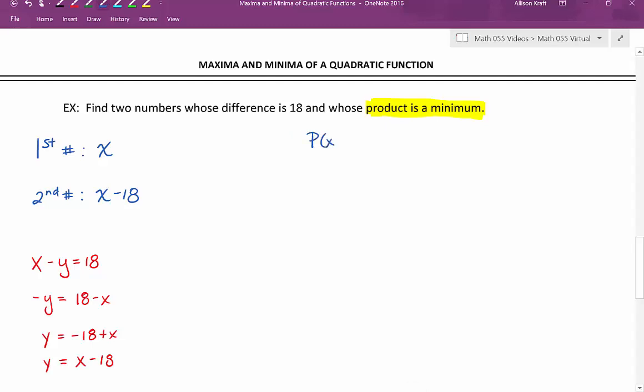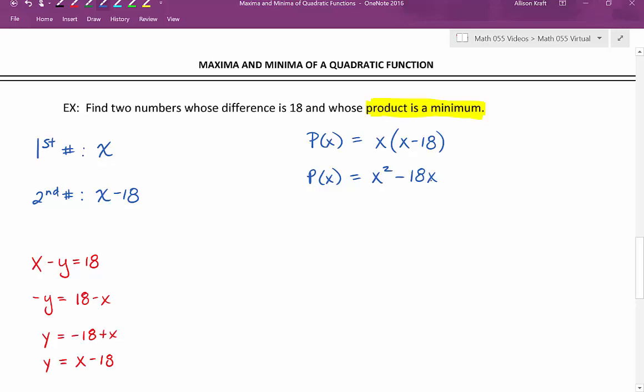So P of x is equal to x times x minus 18. We know that the minimum is going to occur at the vertex, so I need to get this multiplied out so I can identify a and b to plug into my vertex formula. P of x equals x squared minus 18x.